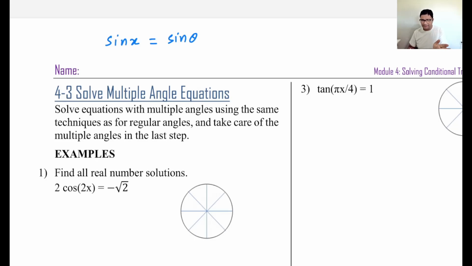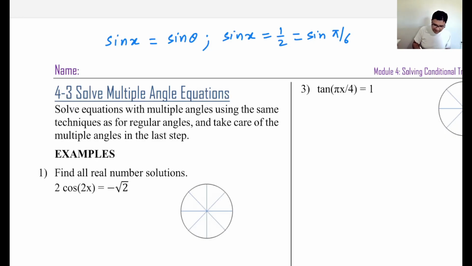Like if I say sine x equals half, let me demonstrate with an example, so it's not confusing. If sine x is half, that half can be written as sine pi over 6, right? That pi over 6 is like the theta here, okay? Known value.